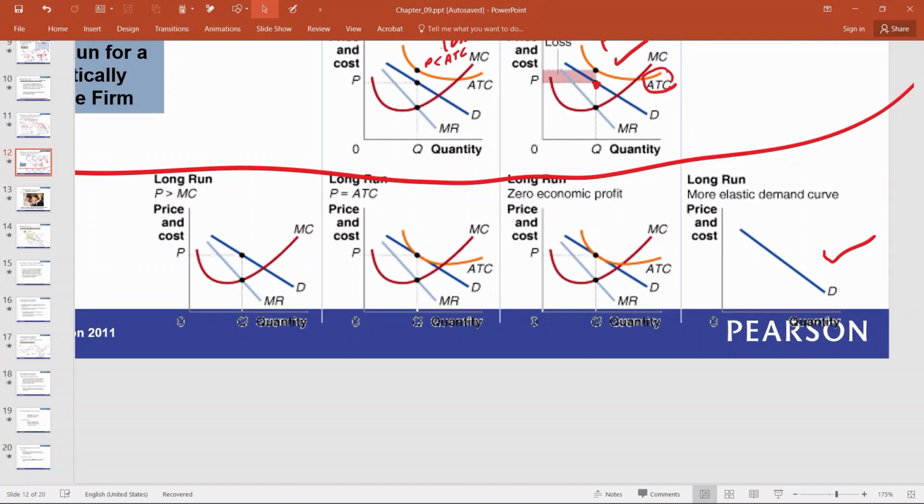So now when the demand curve flattens, you will find that the demand curve touches average total cost, eliminating all profits. So here price equals average total cost, no profit at this level of production. And also here price equals average total cost, no profits.